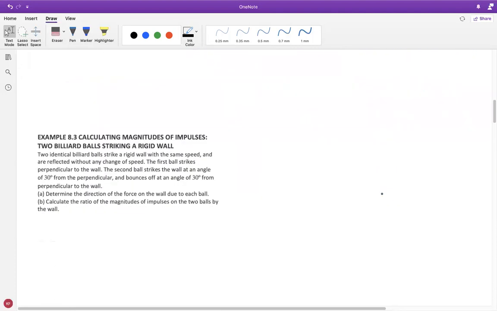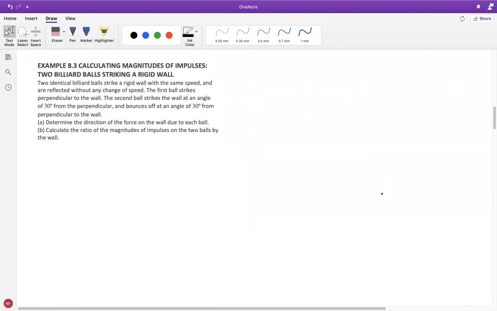Okay, let's move on. So this one, we are going to be looking at billiard balls, okay? And we have 2 of them. They're traveling at the same speed, and they're reflected without any change of speed.